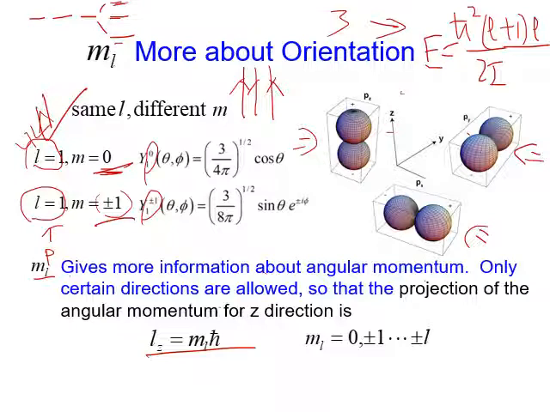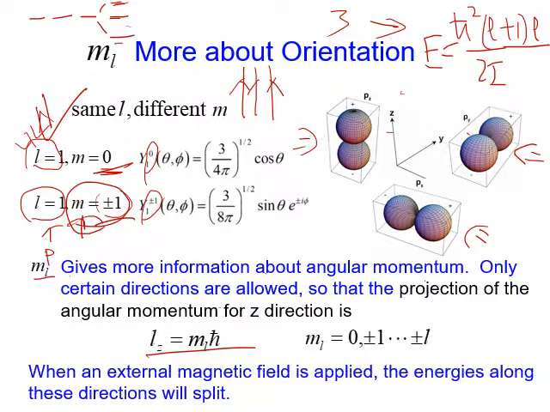Therefore, quantum number m also tells you the energy in the external magnetic field. That's why this quantum number is sometimes called the magnetic quantum number. When an external magnetic field is applied, the energy along this direction will split.